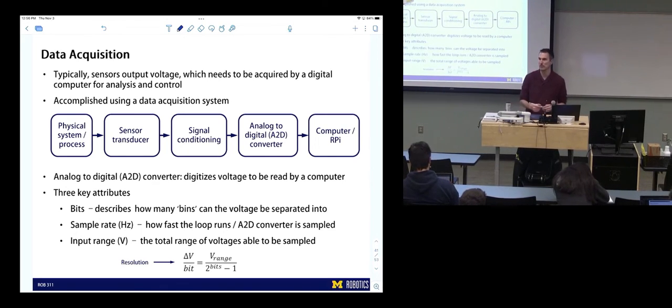That relationship or proportionality constant is known as the what? The proportionality constant that maps the physical process to the voltage has a name. I don't think it's on your slides. What do we call that?